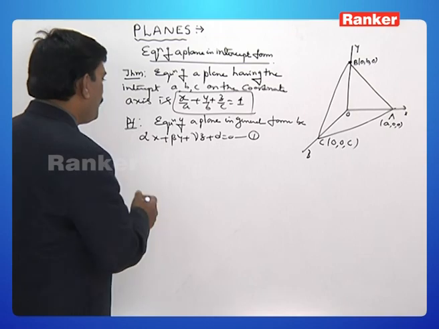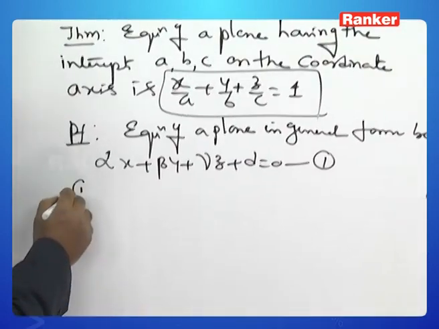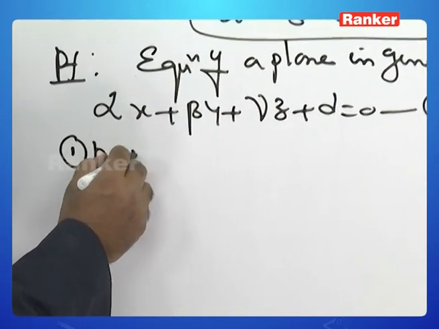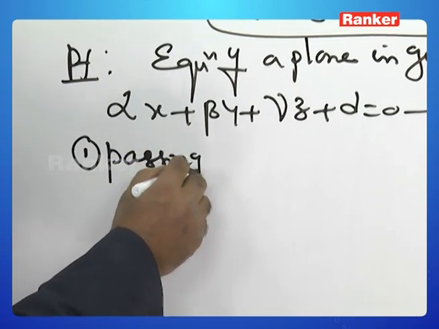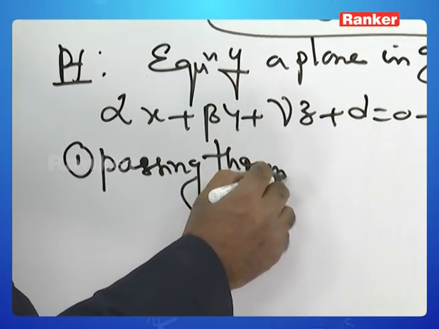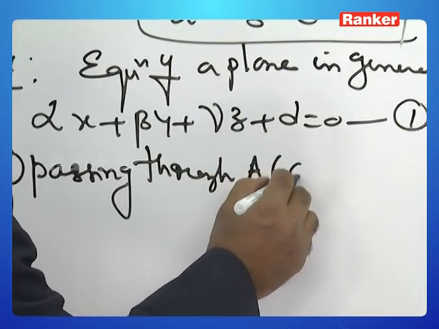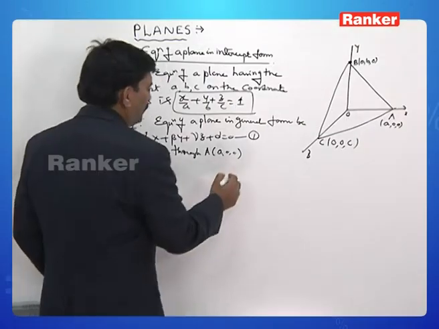Okay? So therefore, now (1) is passing through A(A, 0, 0).